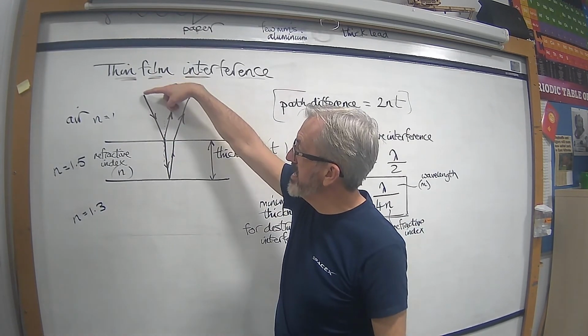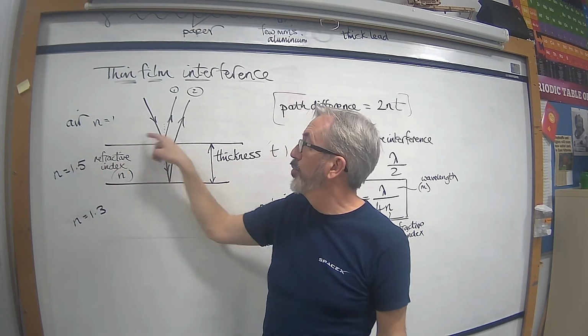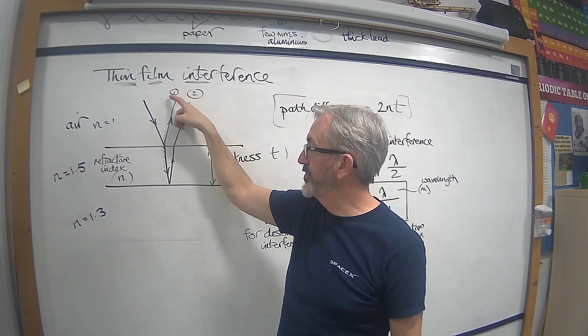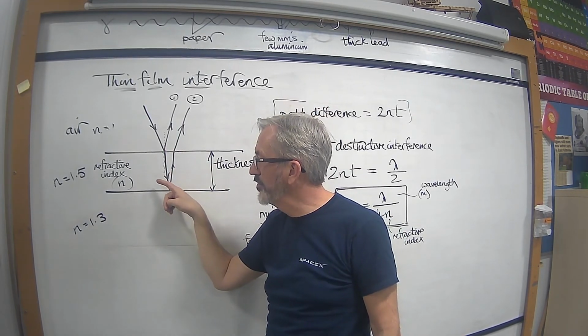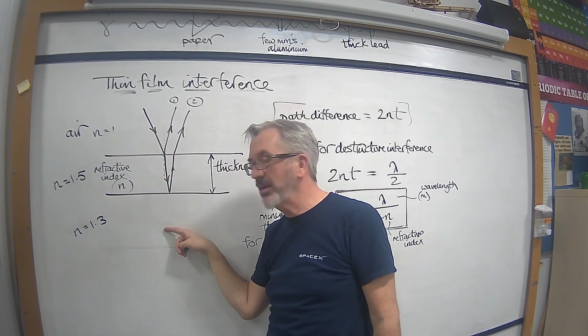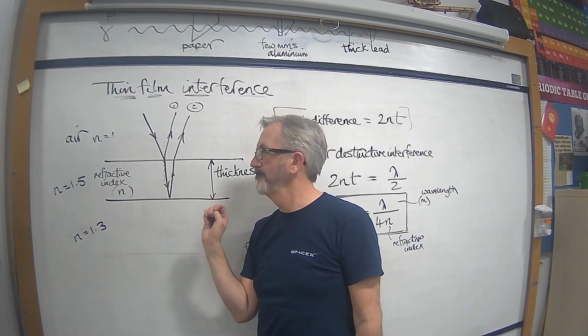When it goes from air and hits the more dense medium here, we get a phase change at that first substance. But when it gets from here to here, because it's going from a more dense to a less optically dense material, there is no phase change there.